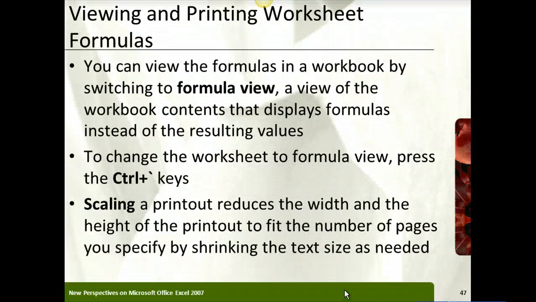You also have, in viewing and printing worksheet formulas, the ability to view the formulas in a workbook by switching to formula view. The view of the workbook contents displays the formula instead of the results. To change a worksheet to formula view, you can press the Control plus key.